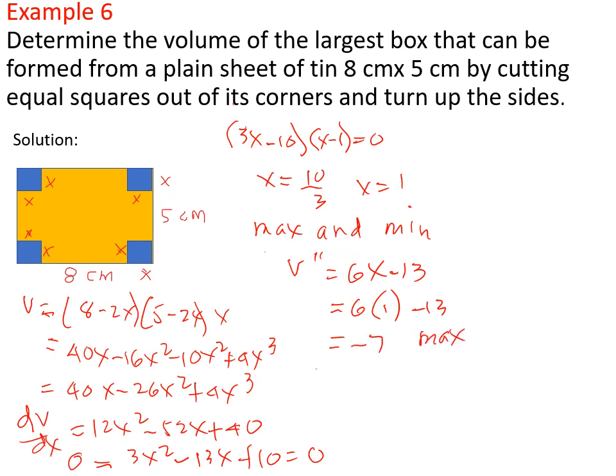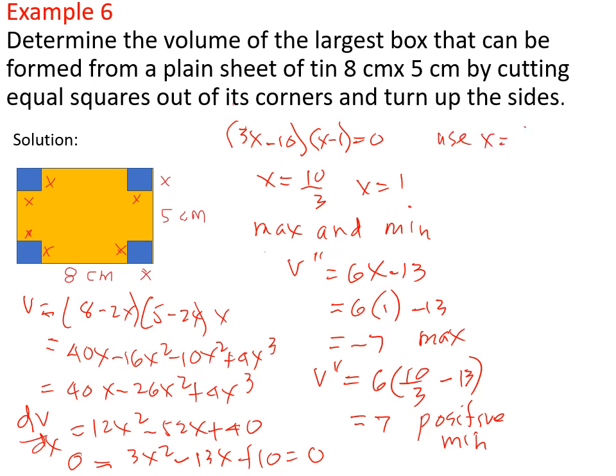So V double prime equals 6 times 10 over 3 minus 13 equals 7, positive, minimum. So use x equals 1.